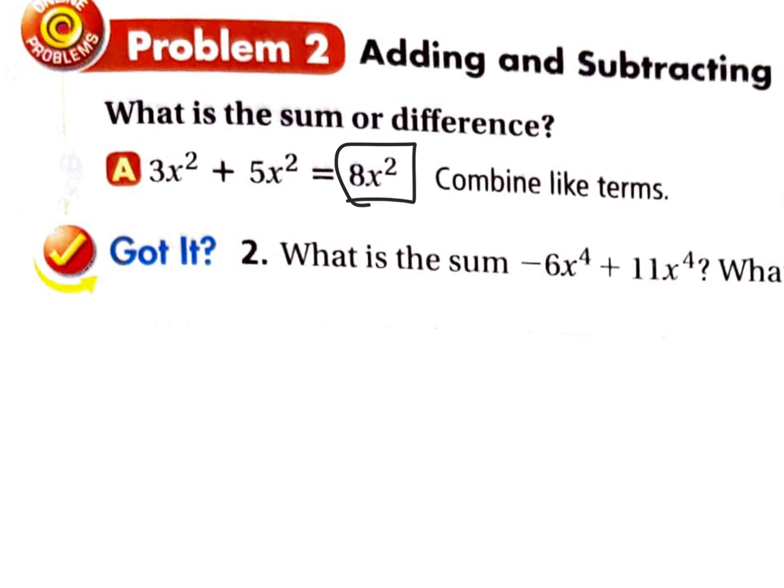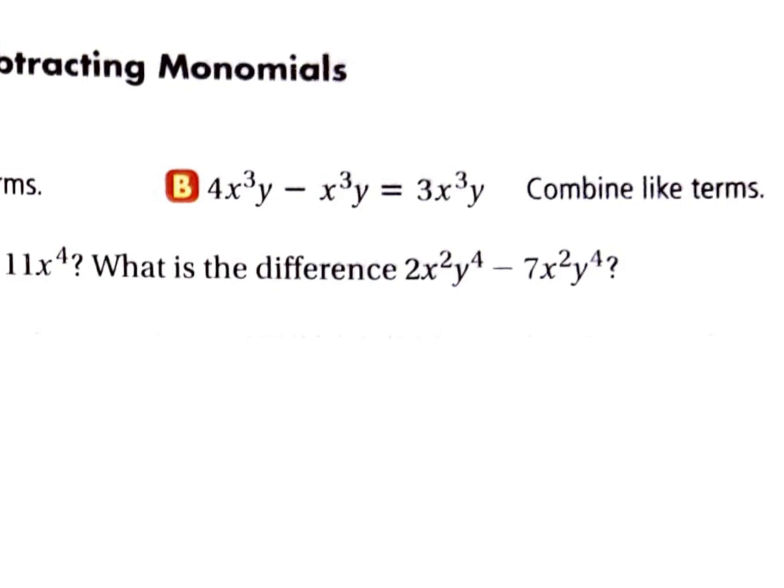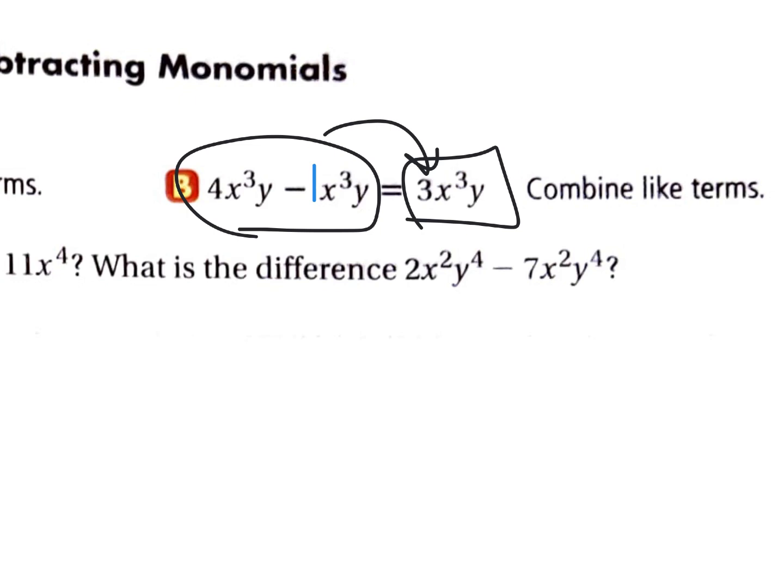We don't know what x squared is, so that's all we can do with it, but we can condense it down into a monomial, 8x squared. Another example, we've got 4x cubed y minus x cubed y. The x cubed y, you could put a 1 in front of that, and then if you subtract, that would be 3x cubed y. Again, in order to combine these, the variable parts have to be identical to each other.